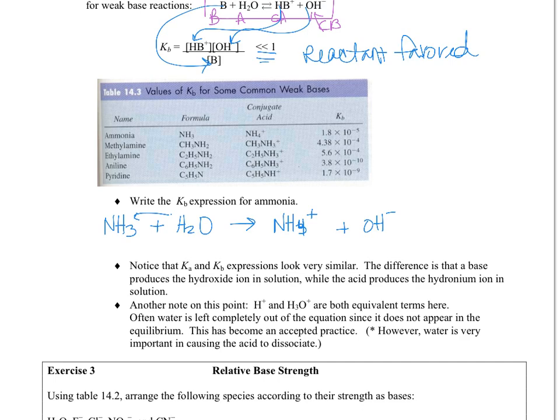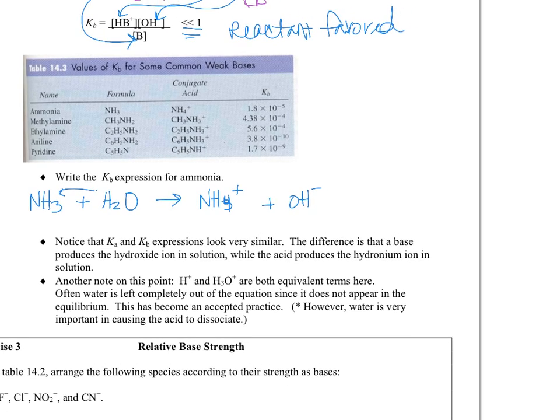So then when you go to write your Kb expression, the Kb for ammonia is 1.8 times 10 to the negative 5, equal to my products, which is the NH4 plus concentration and OH minus, over my concentration of NH3.